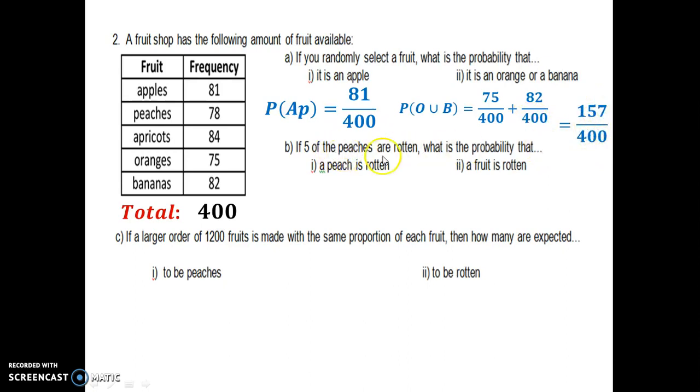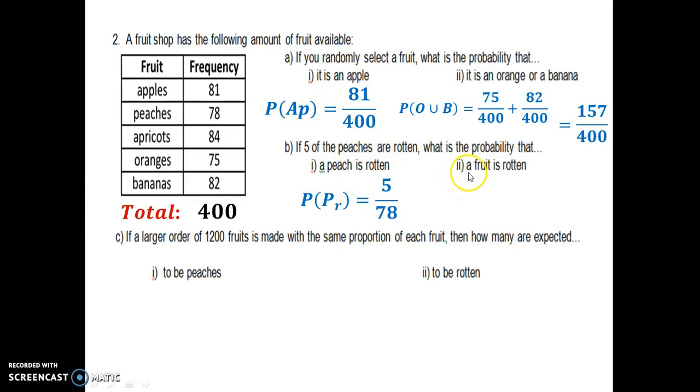Next, if 5 of the peaches are rotten, what is the probability that a peach is rotten? This one's going to use a different denominator, because if we're looking for a rotten peach, PR, then we have 5 rotten peaches out of the total group of 78 peaches, and that's the probability of getting a rotten peach in the group of peaches.